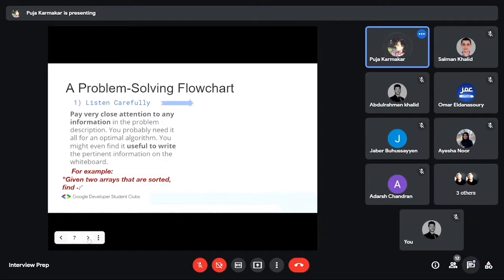The next step is, yes, draw an example. Why is drawing an example so important? An example can drastically improve your ability to solve an interview question. What we usually do in general is we listen to something and try to solve the question in our head. Yes, we all do it, admit it.